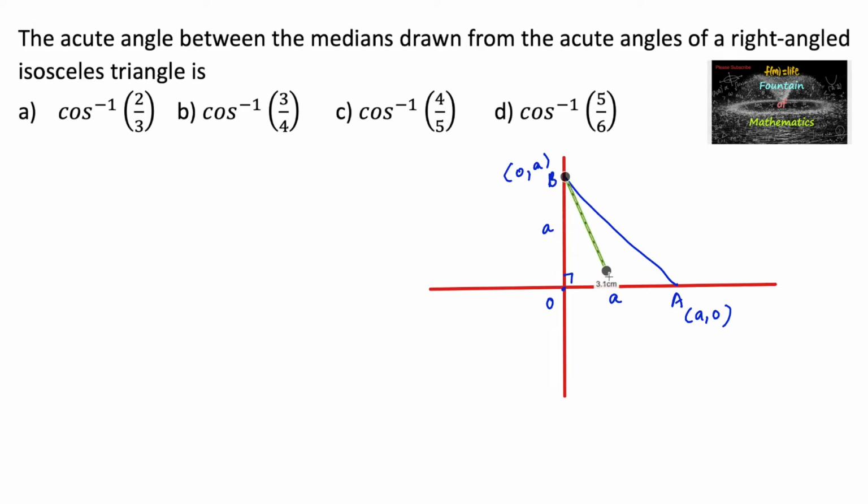A median is a line segment joining a vertex to the midpoint of the opposite side. So let us consider here BD is one median and one more, say AE is another median.